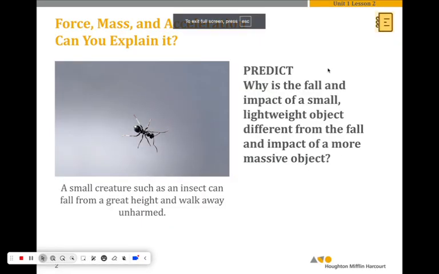So remember that we're trying to explain why a small lightweight object experiences a different force from the fall of a more massive object, like a small ant can just walk away unharmed after it fell from a great height.